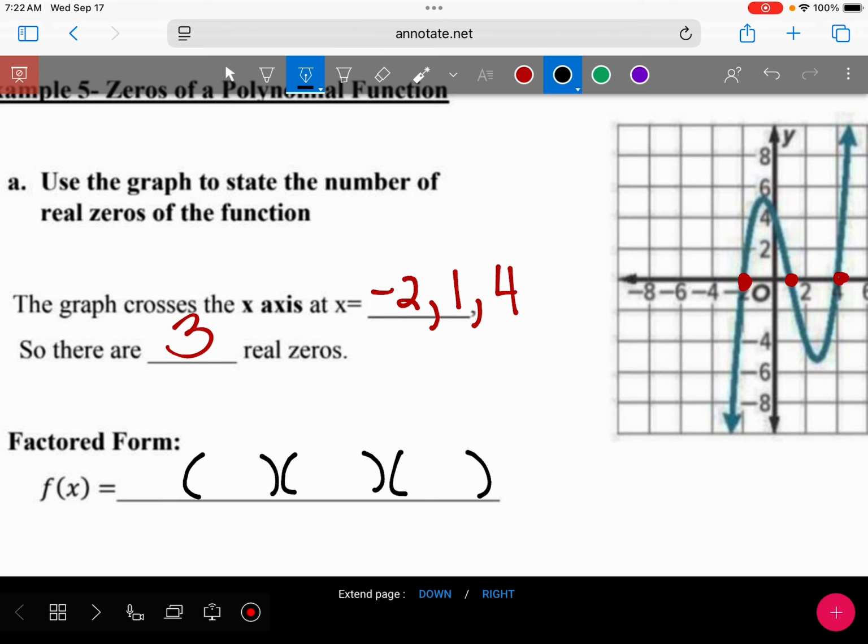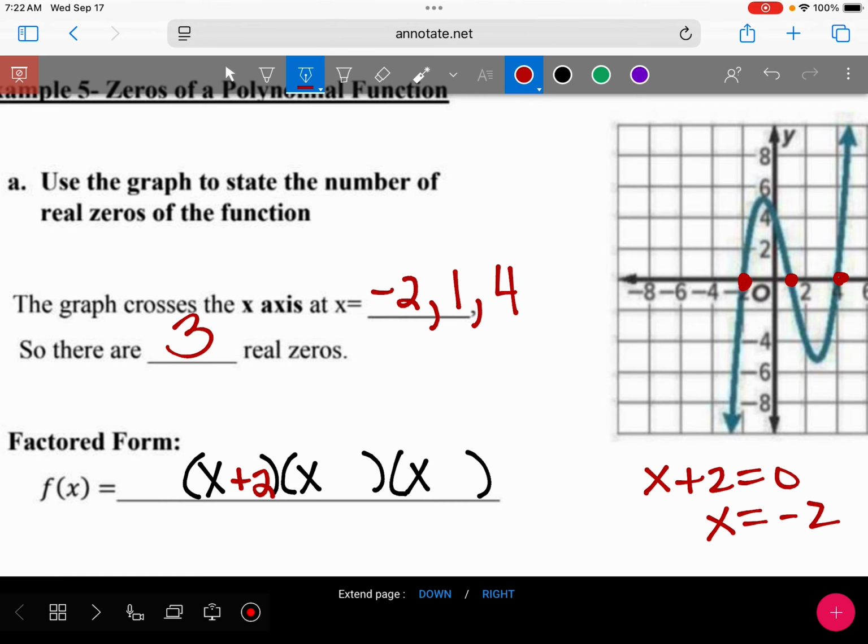And then in front of each parentheses, put an x. So in order to get -2 as an answer, that means my factor has to be x plus 2. So if you take x plus 2 and set it equal to 0, you get x equals -2.